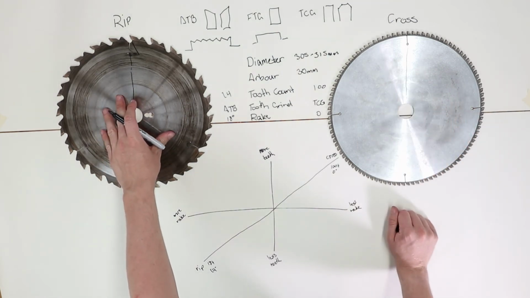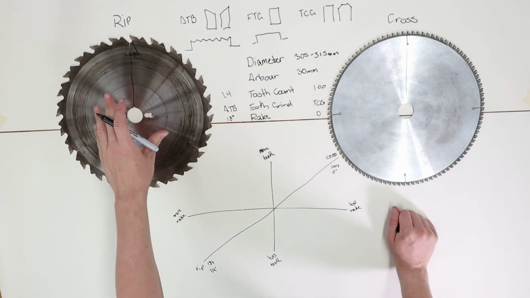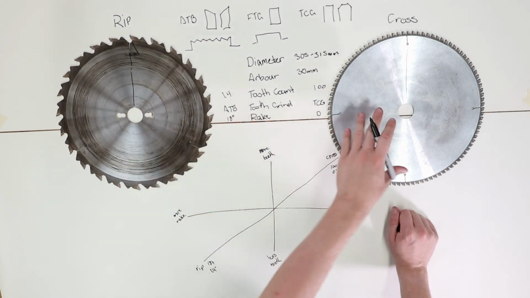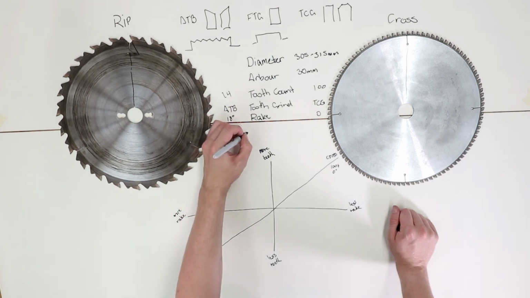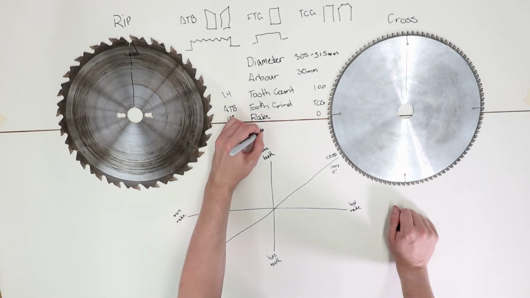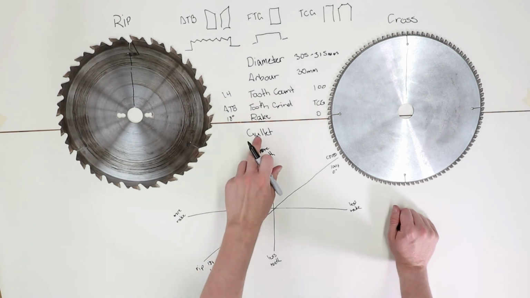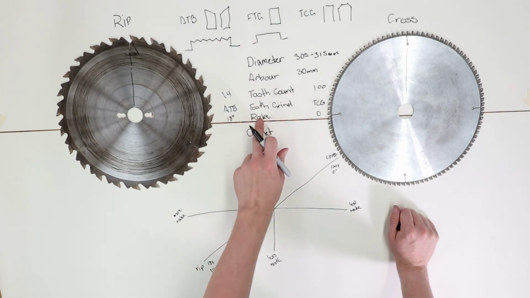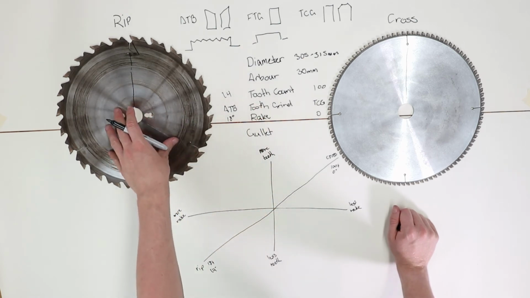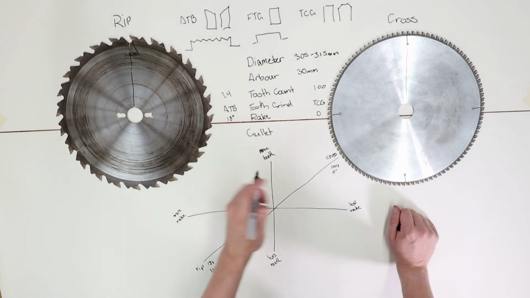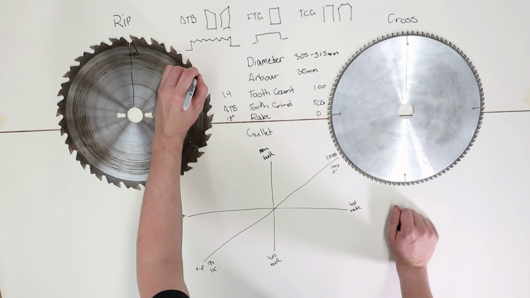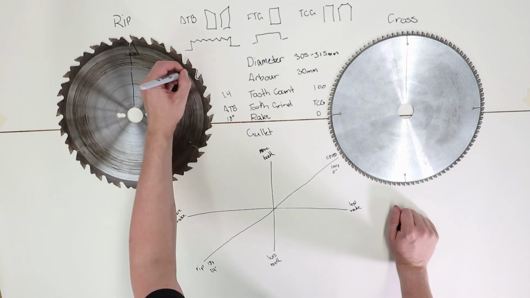This rip blade here is going to be very, very fast. The reason that it's going to be fast compared to the crosscut is the gullet. So if we talk about gullets for 1 second, gullets are a function of tooth count and rake. The fewer teeth you have, the more gullet space you have. The more teeth you have, the less space you have. The gullet is this space in here.